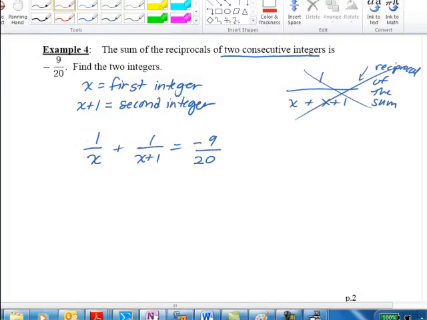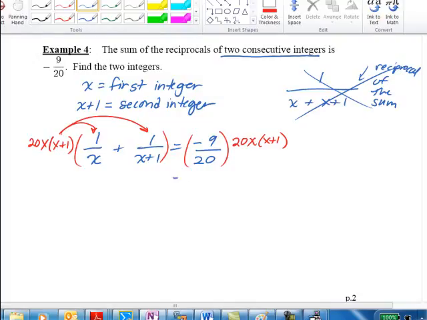So this is what we want, and it's supposed to be negative 9 over 20. Our LCD is a little more complicated on this one. It'll need an x and an x plus 1 and a 20. So 20x and x plus 1 on both sides. And on the left side we have to distribute because there's a sum here. On the right we just reduce.